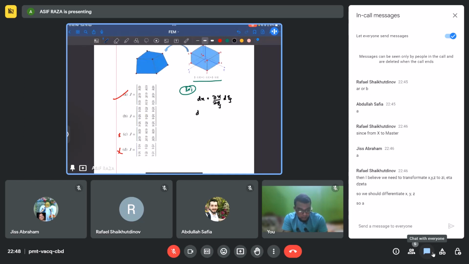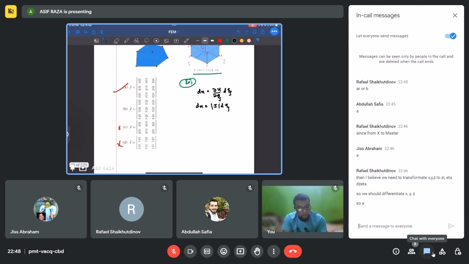And this is equal to what? Normally, if you take the determinant of the Jacobian, it is equal to new volume upon original volume.